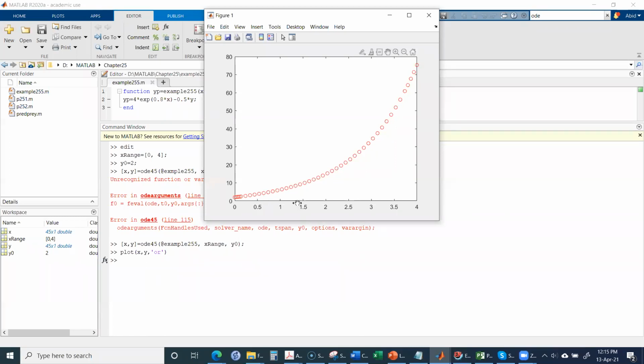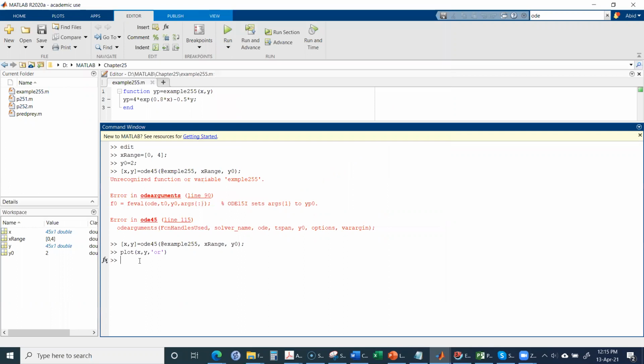How well does this solution match the real solution? This we can also see.